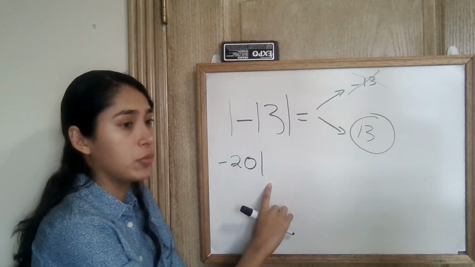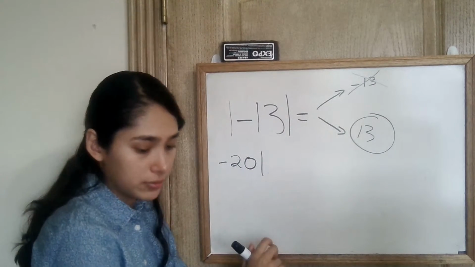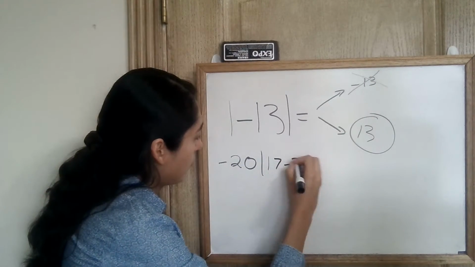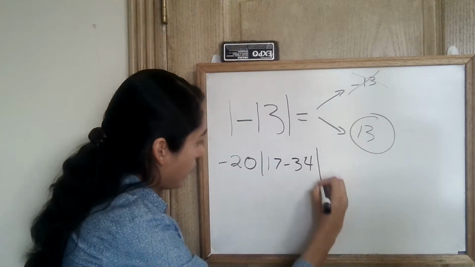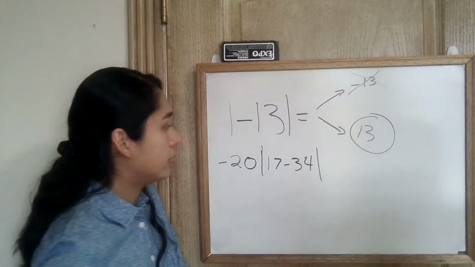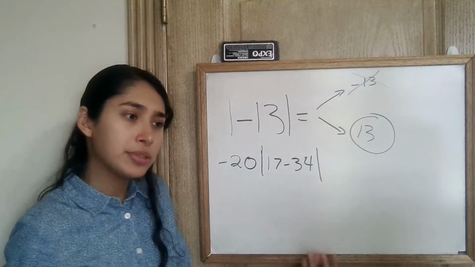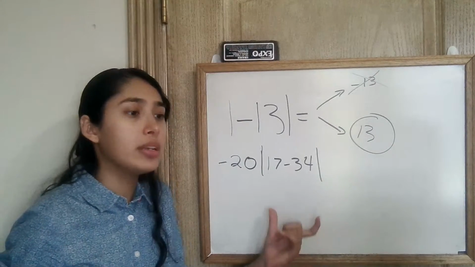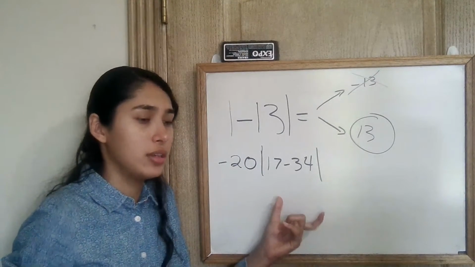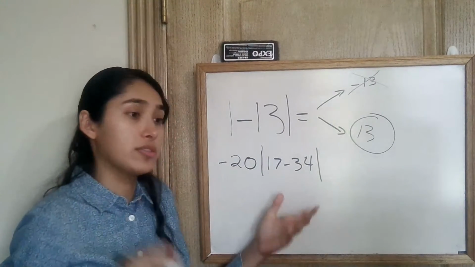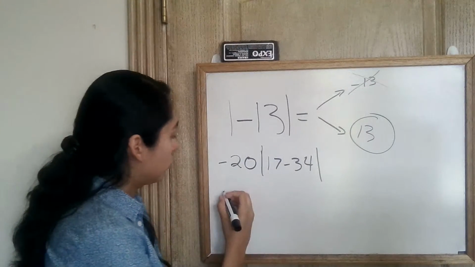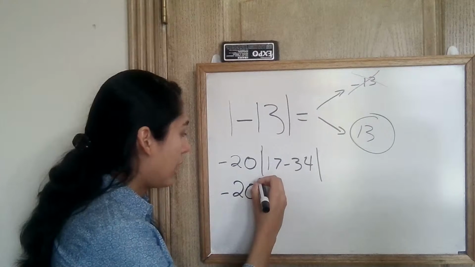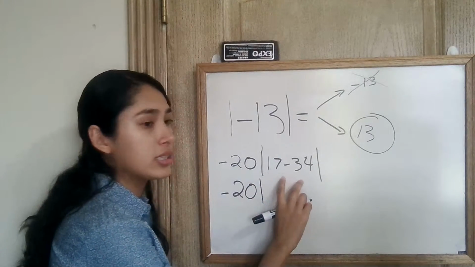That way you don't mistake it for one. It's happened to me before. Okay, so the absolute value kind of looks like a parentheses. So I'm going to deal with what's inside of this parentheses first, as I've done this. So I'm just going to drop down the negative 20, and I think I need to simplify this.